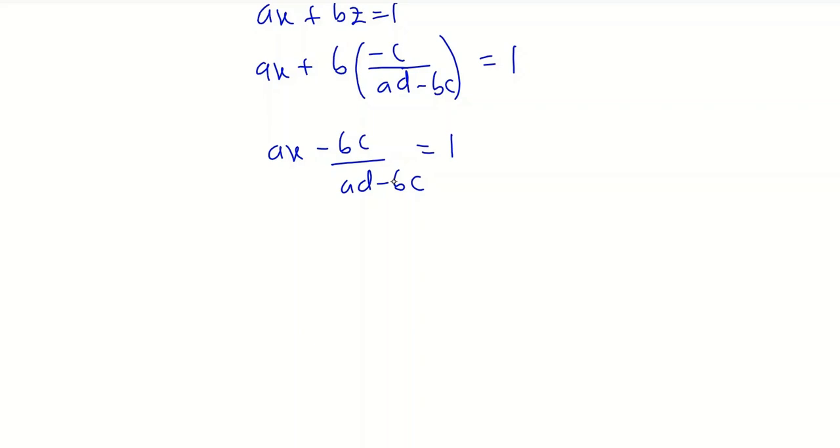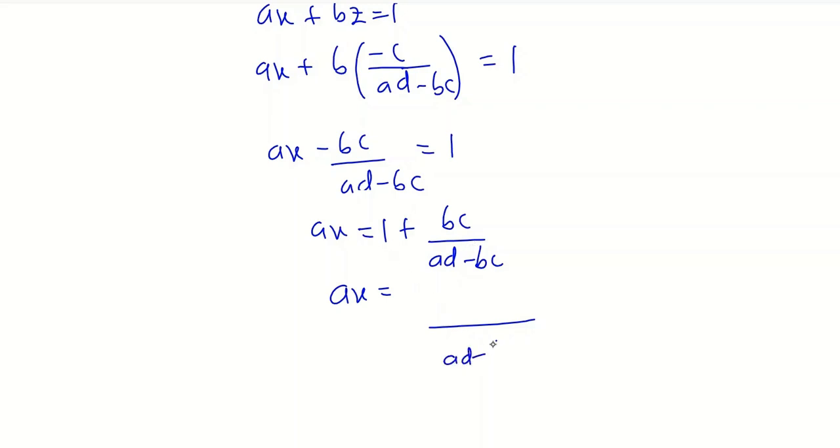So we can bring BC to this side, so we have plus BC divided by AD minus BC. At this point, we can find the LCM for the terms on the right hand side, which is AD minus BC.